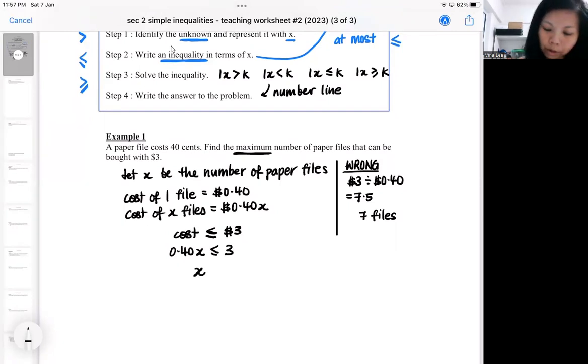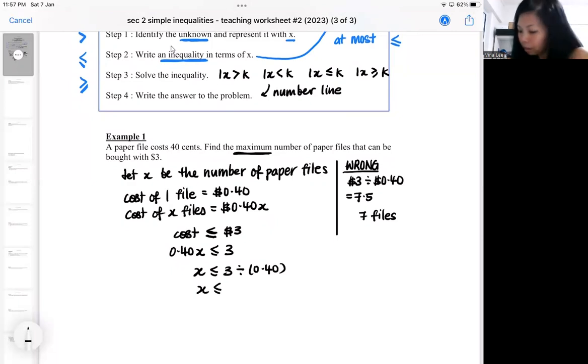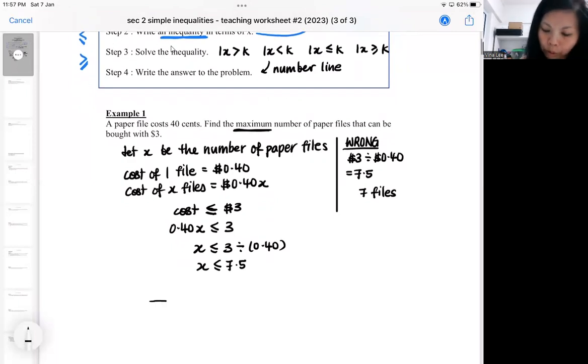Remember, you're going to solve for 1x. So you do the normal solving, and you will get 7.5. Then do your normal number line.